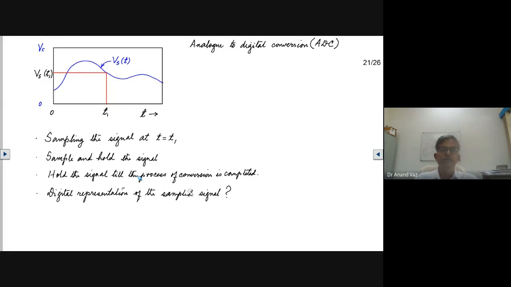Naturally, since you are representing the signal in the form of digits, you will have to choose how many bits you wish to represent the signal in. So the question arises, how many bits are needed for this representation?